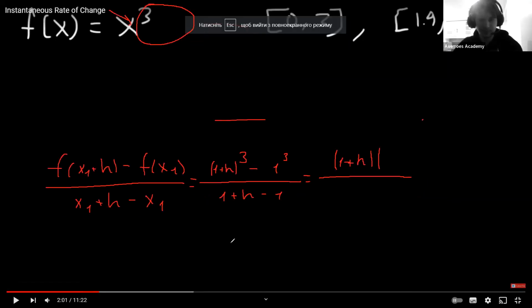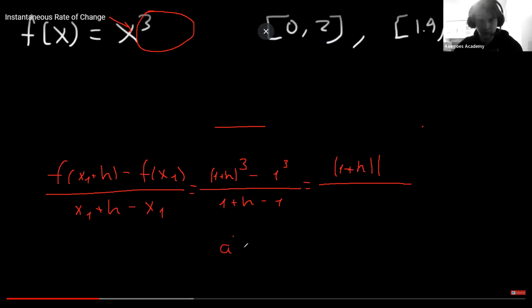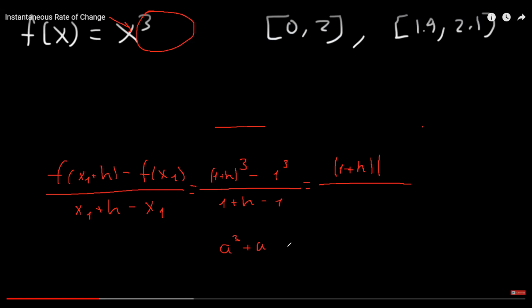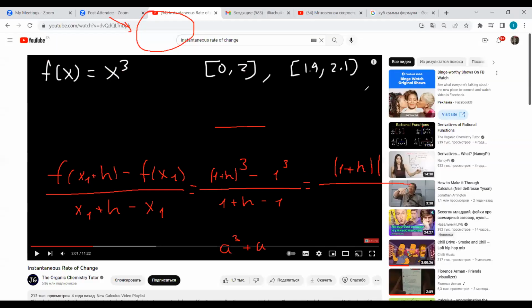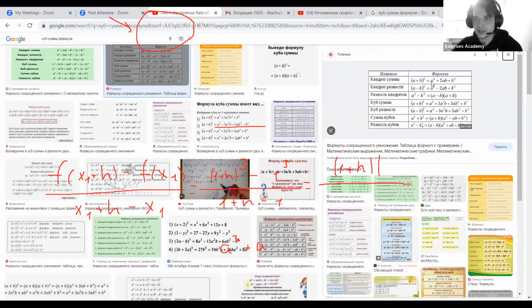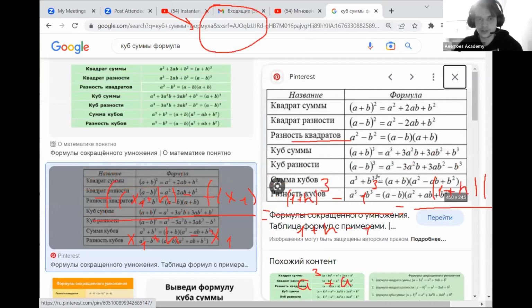A to the third power plus 3 a squared times b. Write it down into your copybooks if you see it. Can you see it on the screen? Yeah. Write it down, please. You're going to need it in the future because you may have tasks with formulas like this.